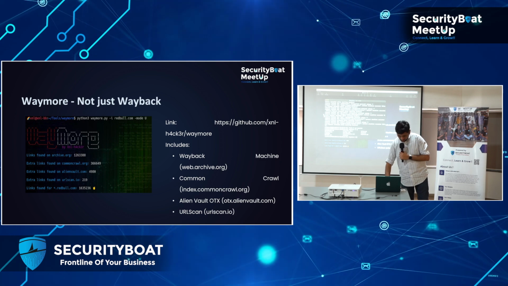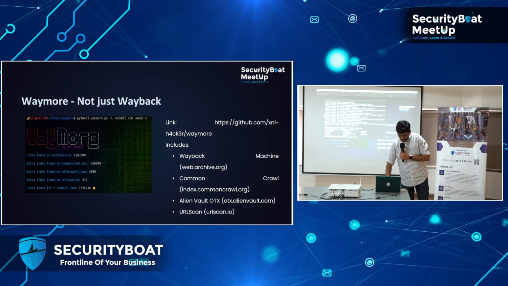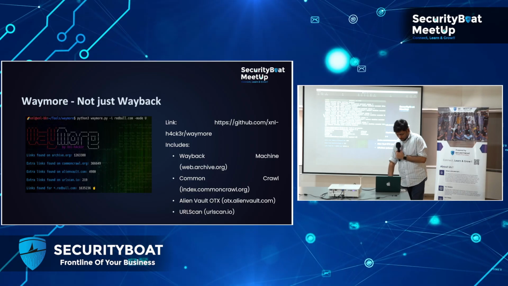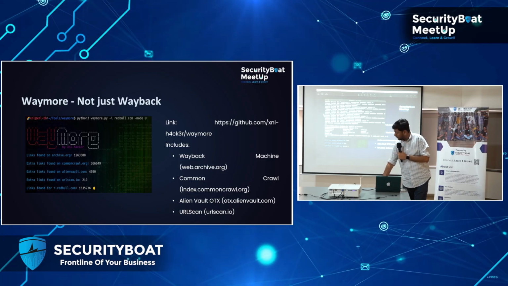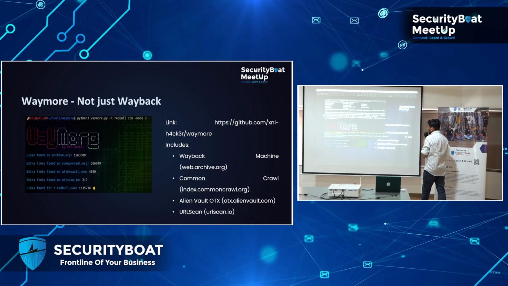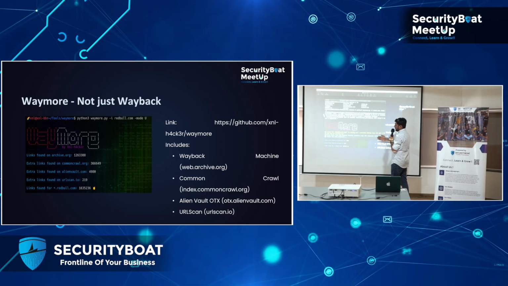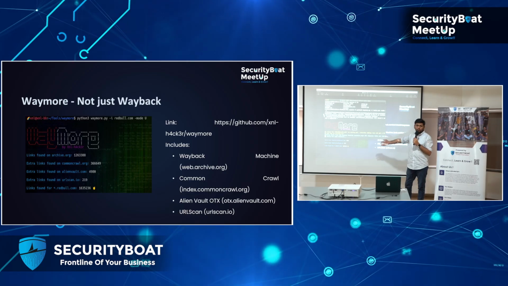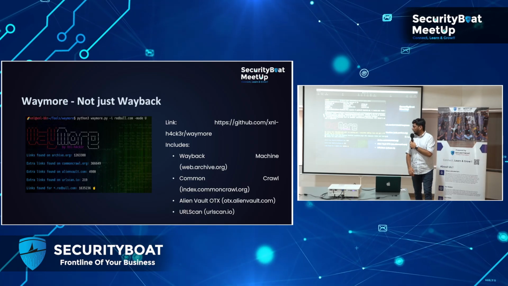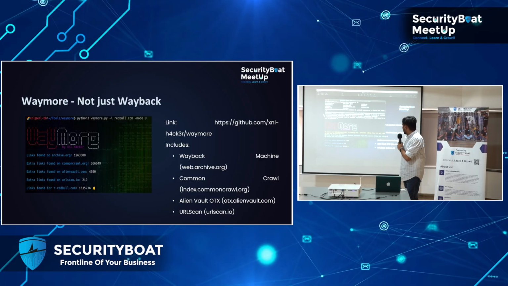The command that I'm going to use is python3 waymore.py -i tesla.com -mode U, and I'm going to hit enter. There are various different modes, but you can see it has used 183 links from Wayback Machine, that is archive.org, and it's still taking time. Let's wait.